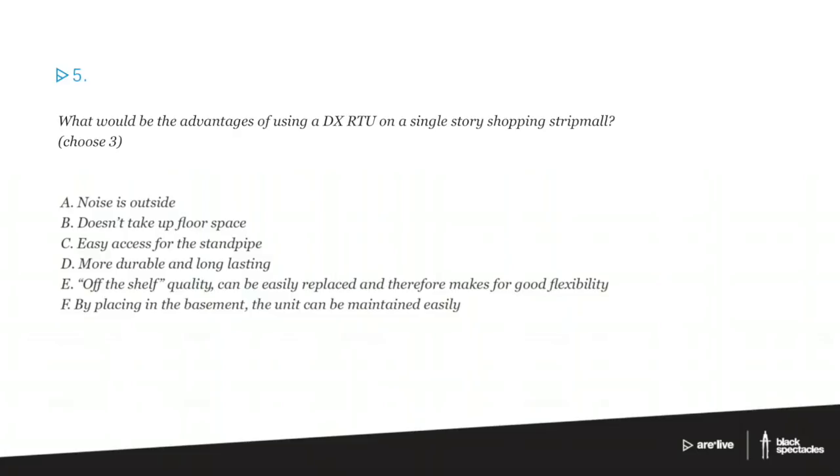So most RTUs up on the roof are DX, and the question becomes, why would we put DX RTUs onto a single-story strip mall? Imagine, I don't know, like a 7-Eleven or something like that. Like, why would you use that kind of system? What are the 3 things out of this list of 6 that would make that make sense?